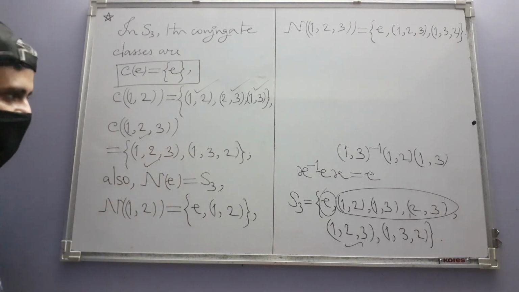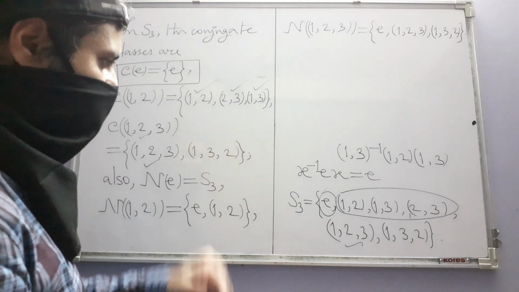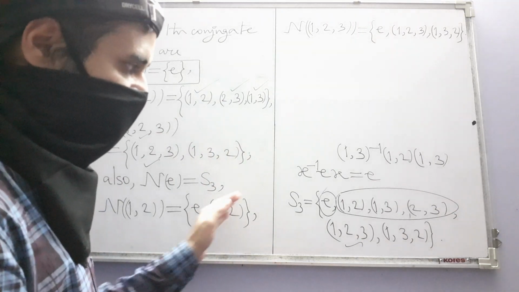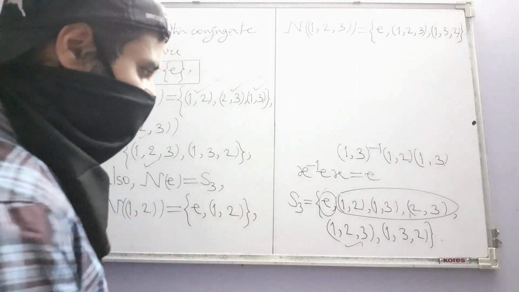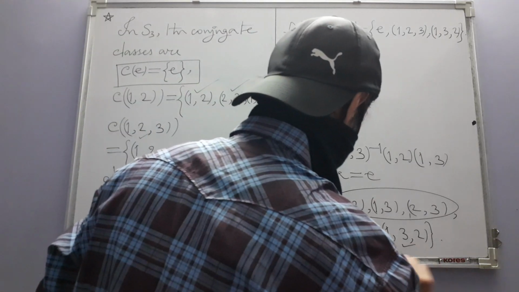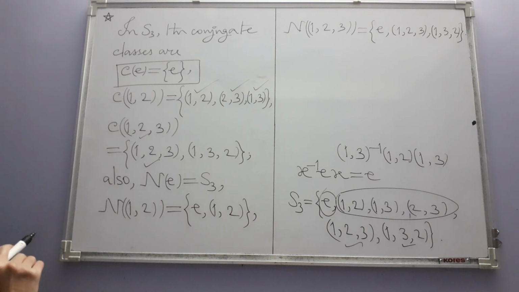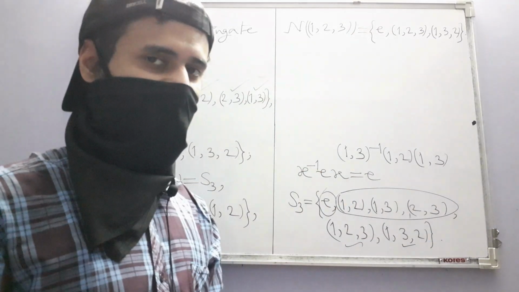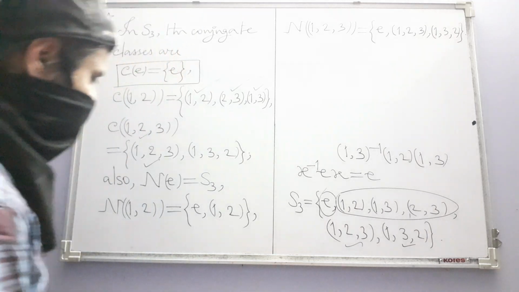This is automatically there, and you will then see that this also is there. You have to form conjugates of this by again some elements, and you will see that these 2 form another conjugate class. So that's how you have the conjugate classes, and once you have run out of elements, that's it. You have the full partition of S3.